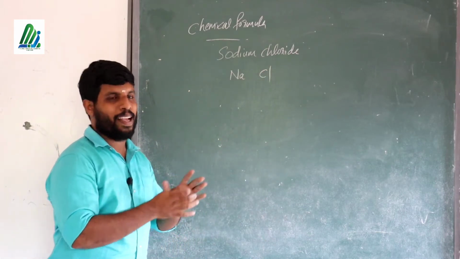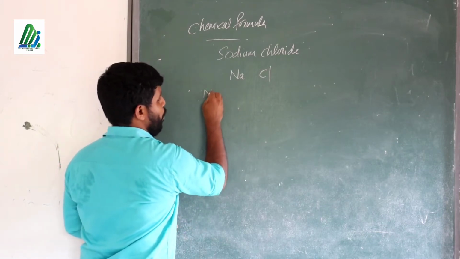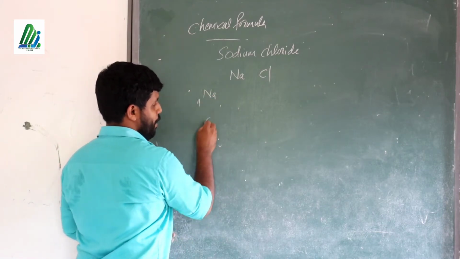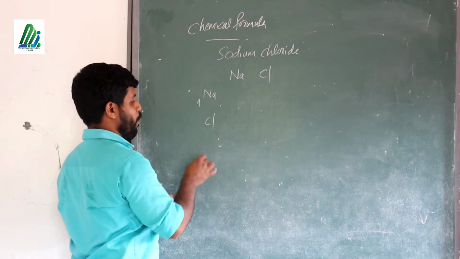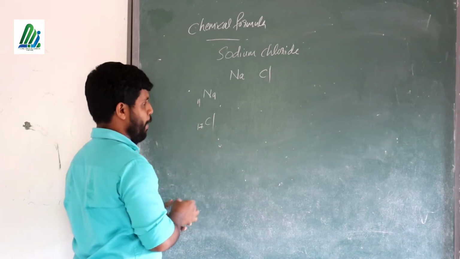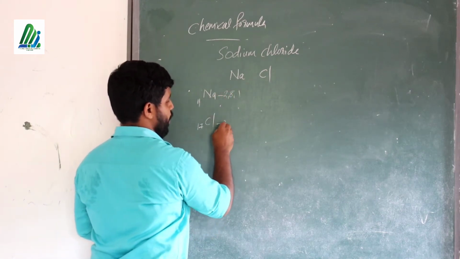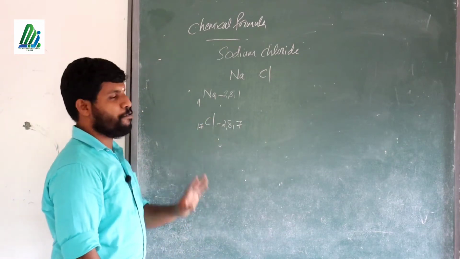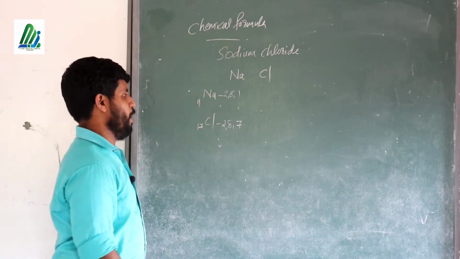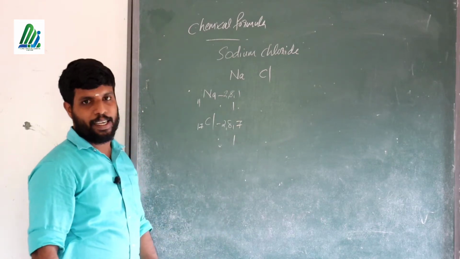We know the atomic number of sodium is 11 and of chlorine is 17. If you write the electronic configuration, we get 2,8,1 and 2,8,7. Then find the valencies of these two elements. Sodium's valency is 1, and chlorine's valency is also 1.